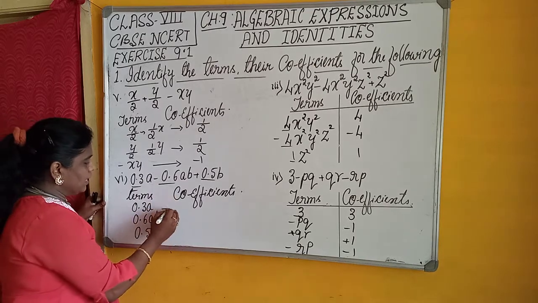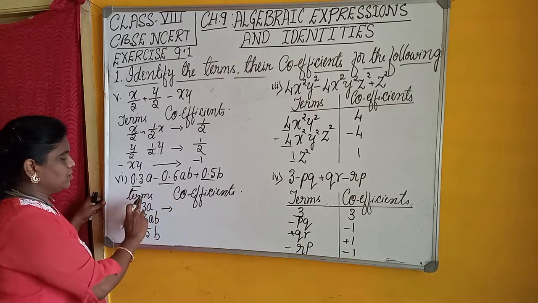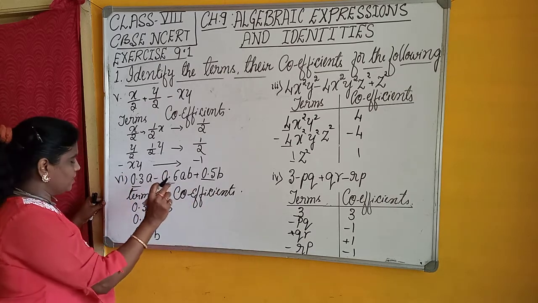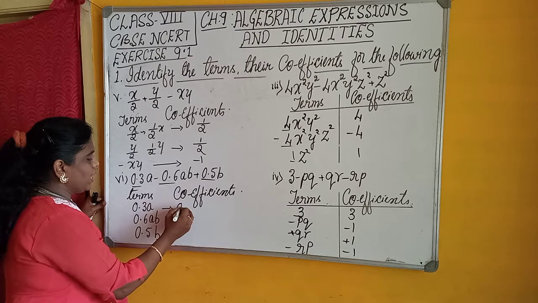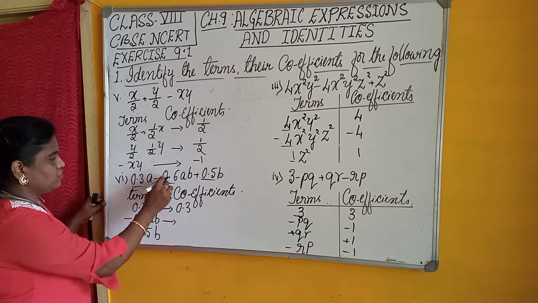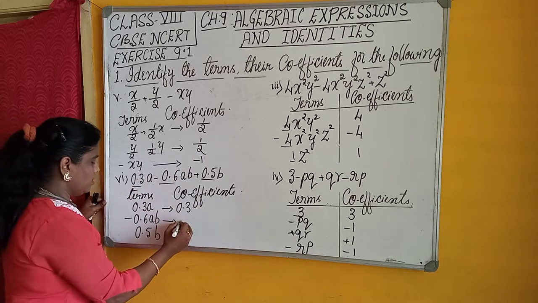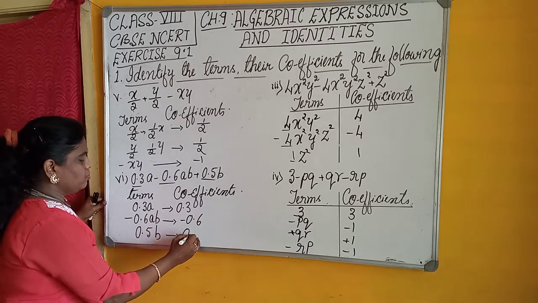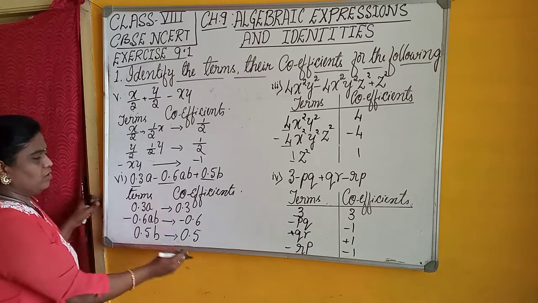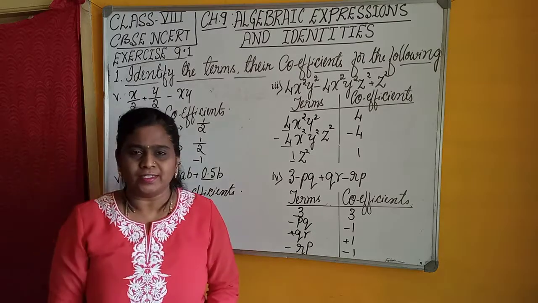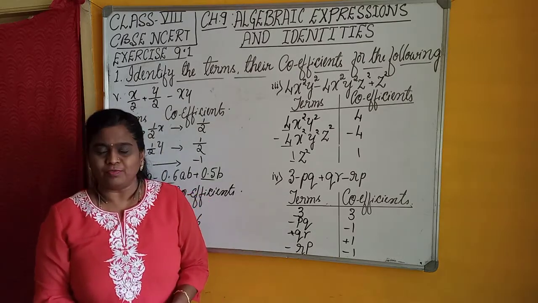Now you can tell the terms are these. We have to write the coefficients. Coefficients are those: 0.38, we have to take minus 0.6, and in the last 0.5. These are all the numerical coefficients. Understood, students?